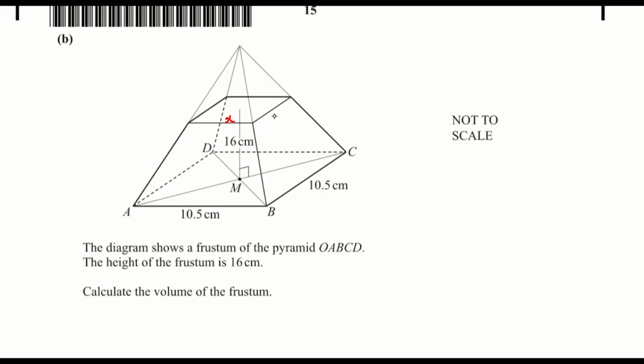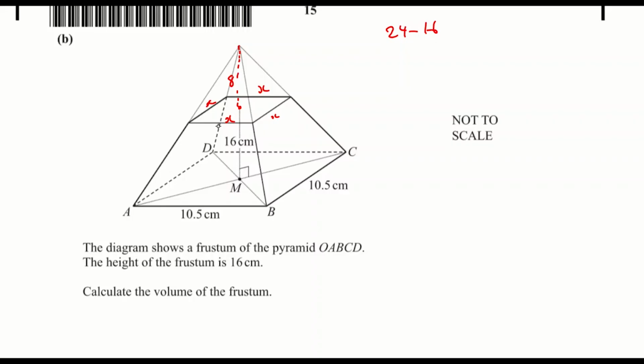So this will be x, x, x, x, because it is also a square base. For the height, the whole height is 24 centimeters, and the height of the frustum is 16 centimeters, so we can easily do 24 minus 16. That will be the height of the smaller pyramid, 8 centimeters.